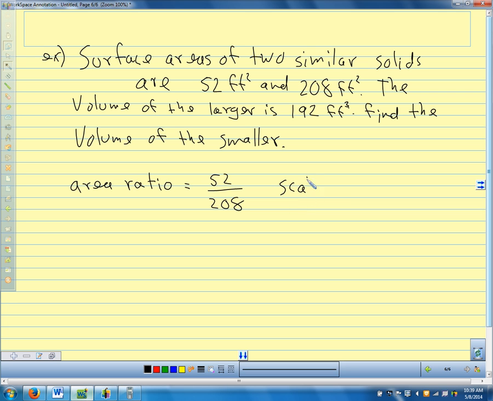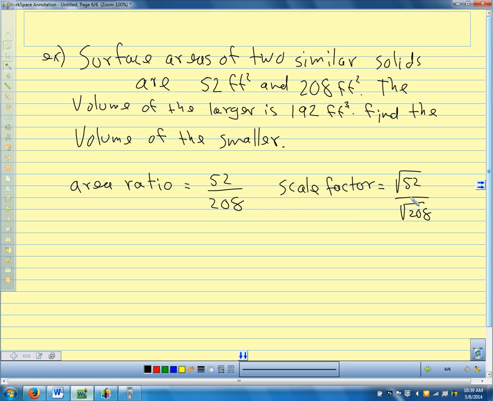Our scale factor. How do we go from the area ratio to the scale factor? Area ratio is squared. Scale factor is not squared. So how do I undo a square? Square root. So square root both of those to get to my scale factor.